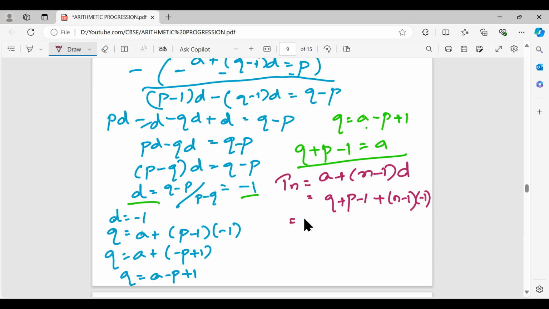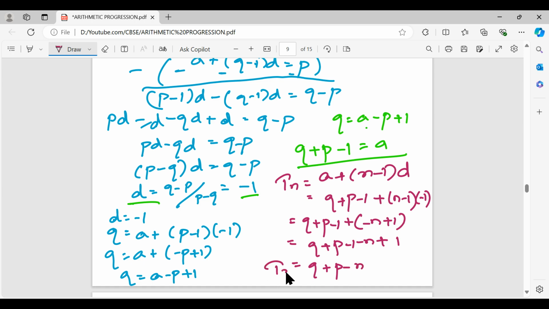Now we can write this as Q plus P minus 1, then minus n plus 1, and hence you get Q plus P minus n. The nth term is Q plus P minus n.